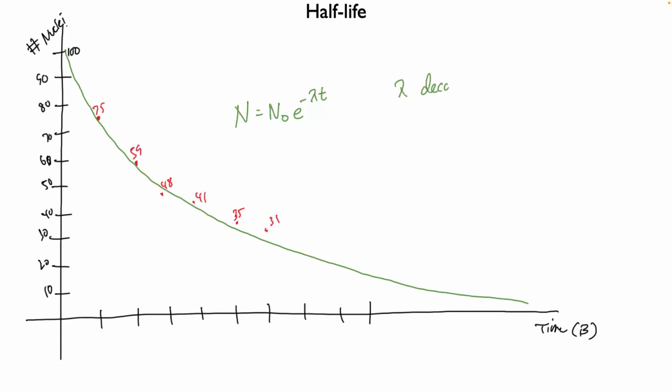Lambda is called the decay constant, which is different for every nucleus. Okay? You guys are made of polonium, right? So let's measure the half-life of polonium. The half-life is defined as the amount of time it takes for half of your original sample to decay.